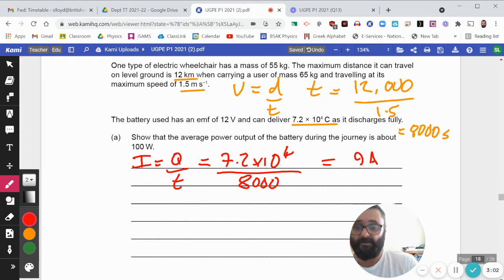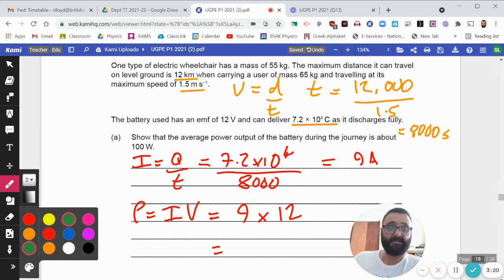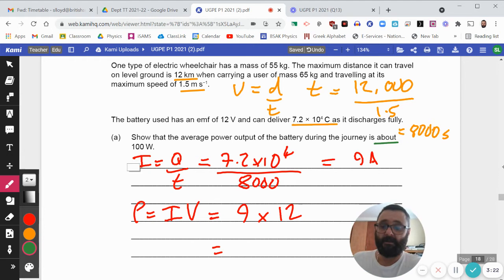Okay? We know the voltage, and we also know electrical power, P equals IV. So the current is 9, the voltage is 12. That comes out as, don't write down 100 watts. Please, the question says about 100 watts, but we have to write the correct answer.